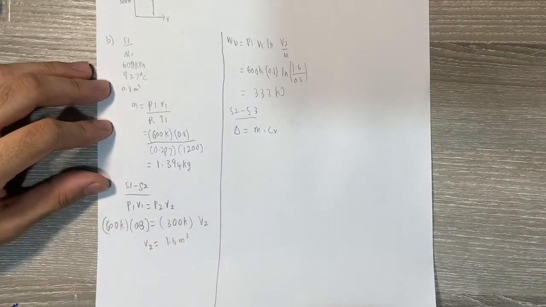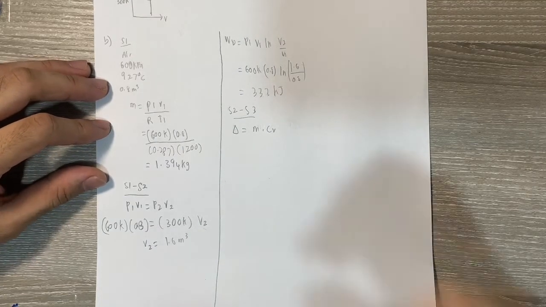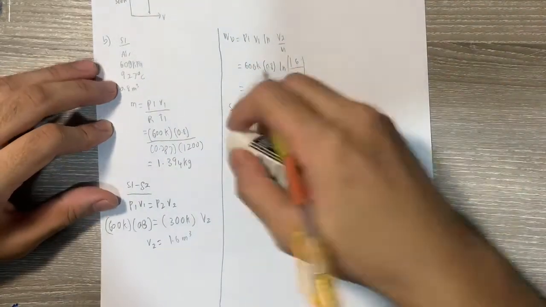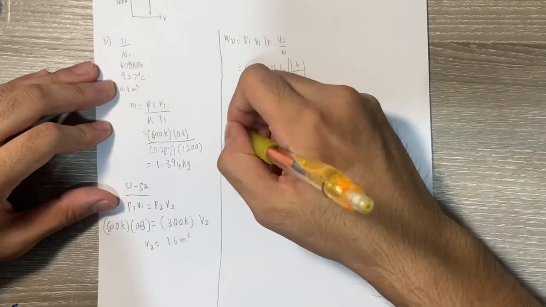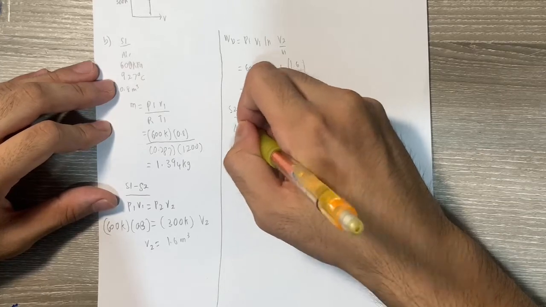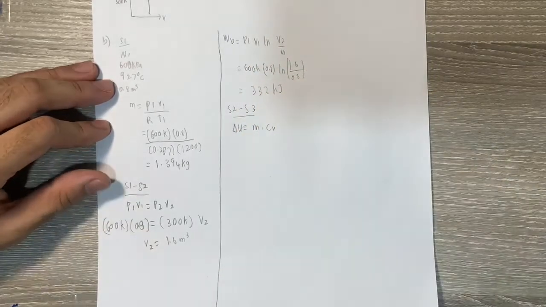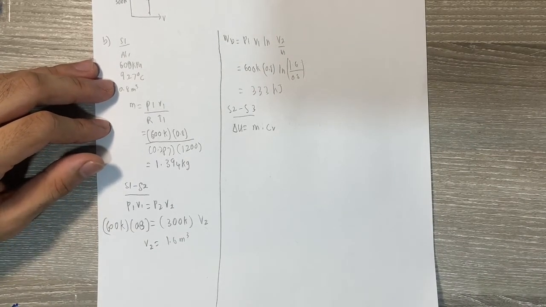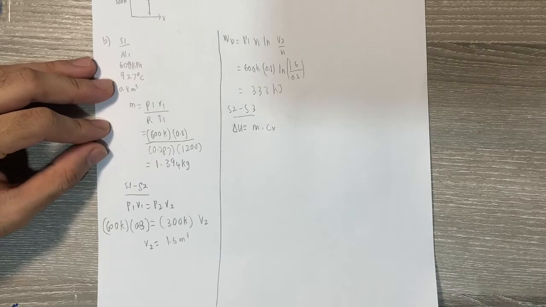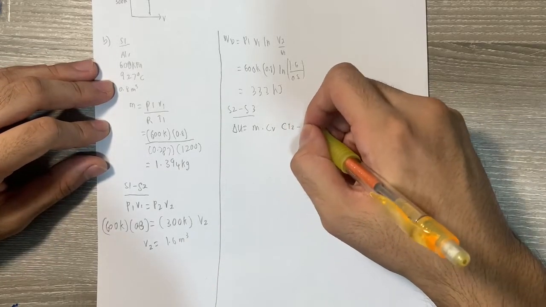Because the process is undergoing a constant volume process, we use the change in internal energy equals m Cv, because the volume is constant in this process, and T2 minus T1.